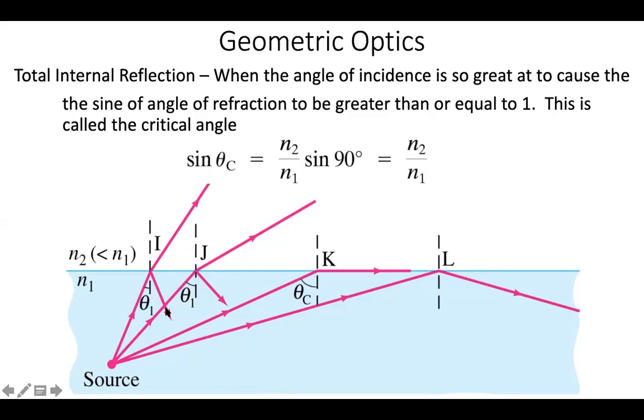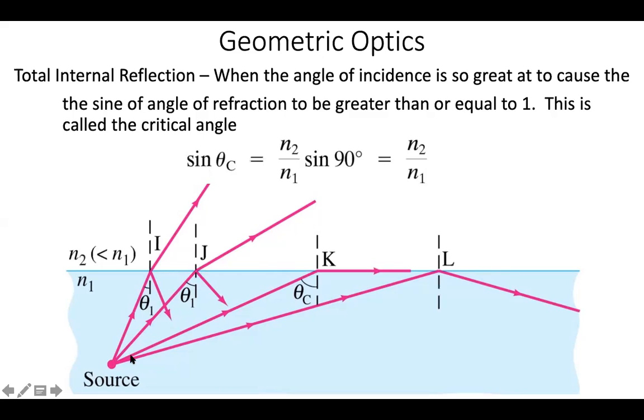And then there's a reflection. Some of the light is reflected, some of the light refracts. We increase the size of the angle of incidence. Some of the light reflects, some of the light refracts.